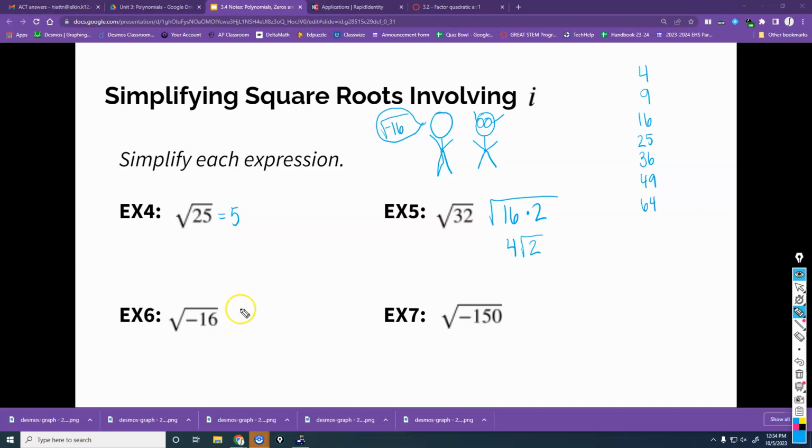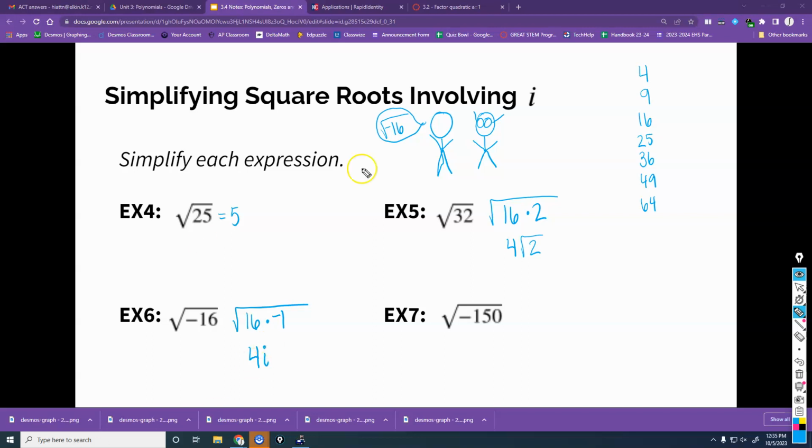So I can break this up into 16 times negative 1. All right. What is the square root of 16? Okay. What is the square root of negative 1? It is i. Right? That square root of negative 1 right there means i.